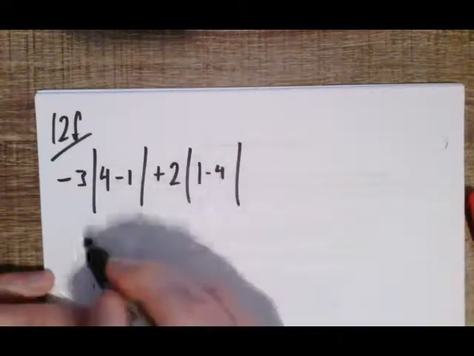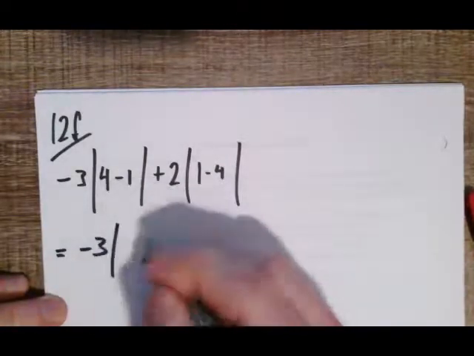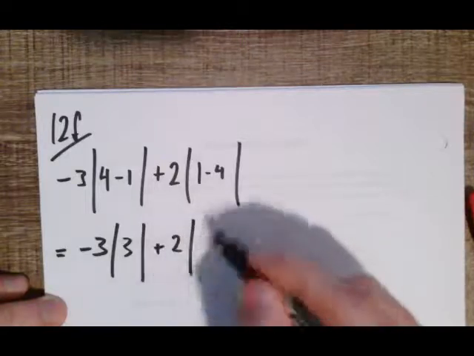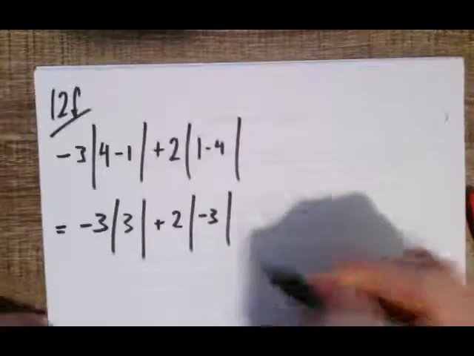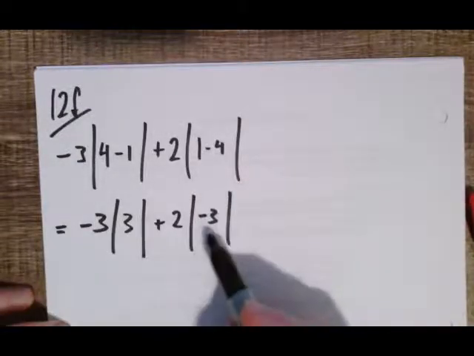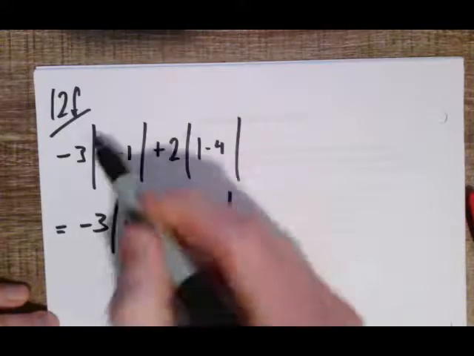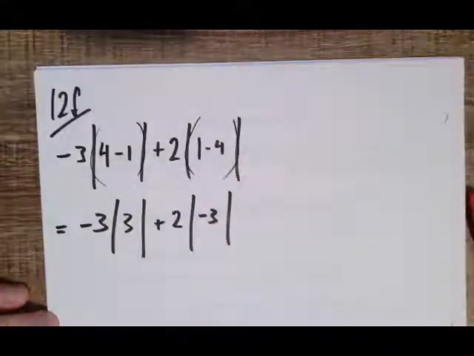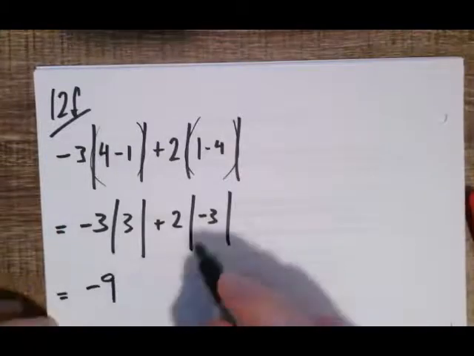I'm going to simplify these first. So this equals negative 3 times, 4 minus 1 is 3, plus 2, times the absolute value of 1 minus 4, which is negative 3. Making sure those are really big, hey? Now, you have to do what's in those first. Like I said, if you wanted to kind of lightly, just to remind yourself. Negative 3 times 3 is negative 9.